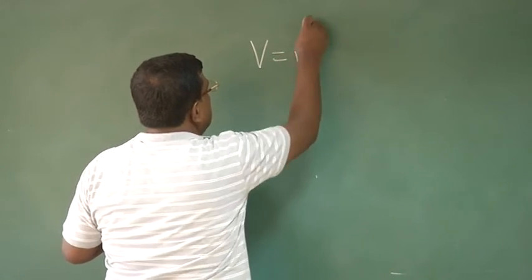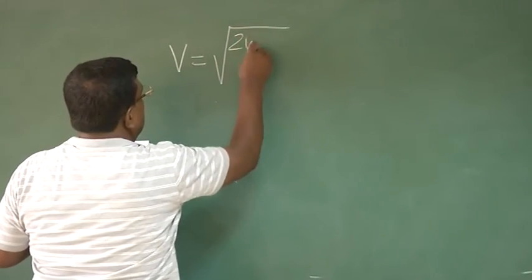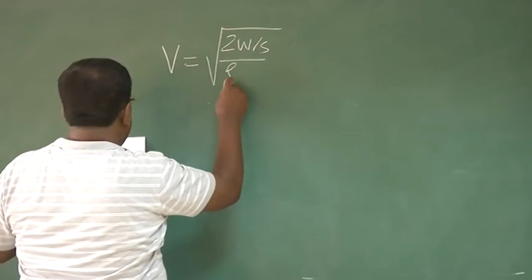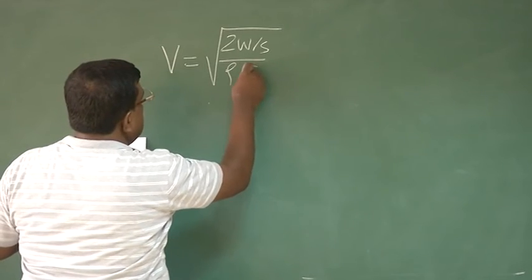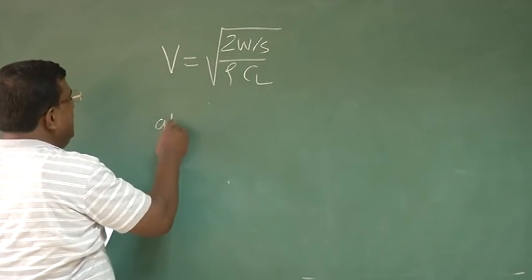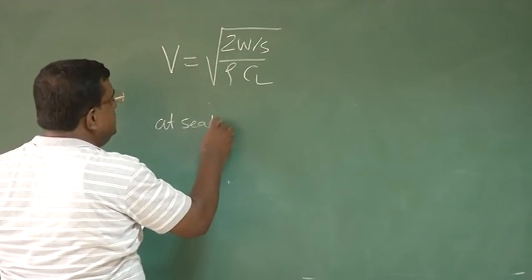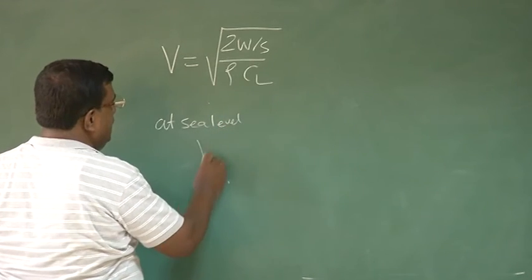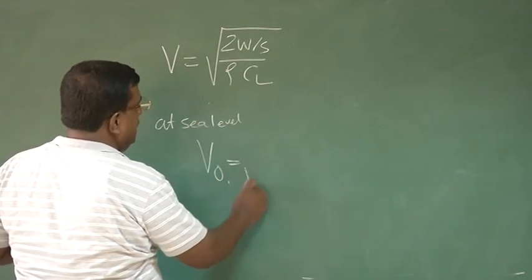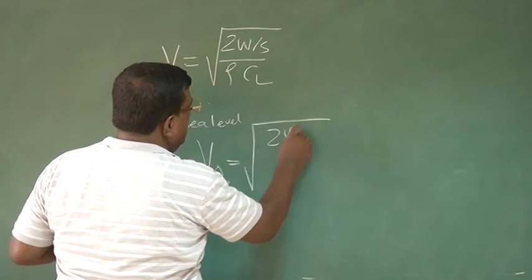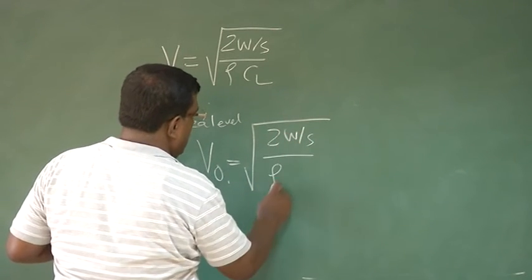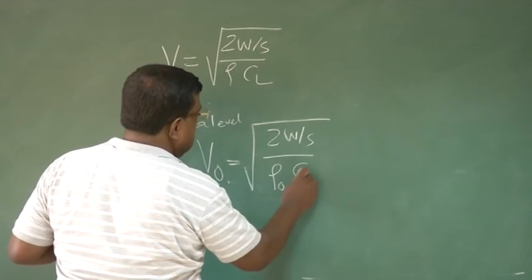V we know for cruise is square root of 2W by S rho CL. So let's say at sea level, we denote it as V naught, equal to square root of 2W by S rho naught CL.